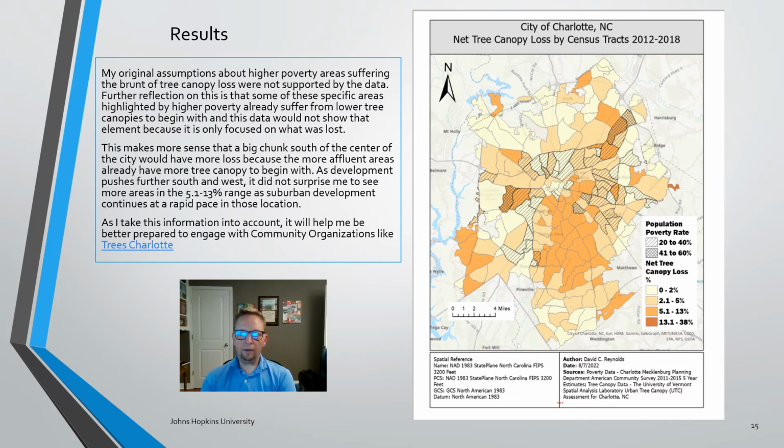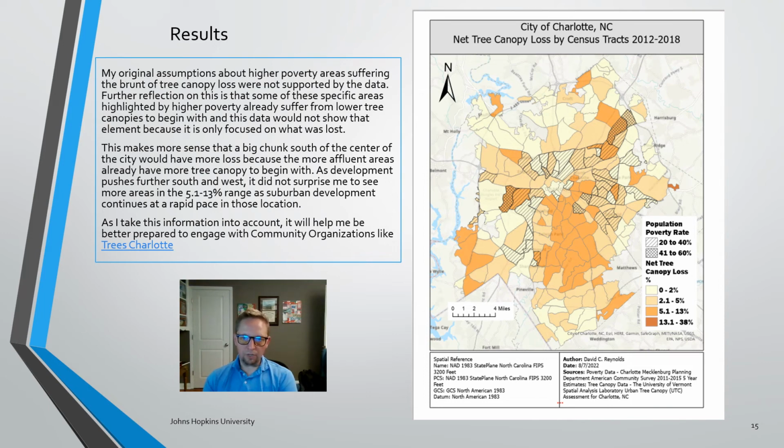So the areas that are in orange, sort of to the south, in the wedge, so to speak, are a more affluent area of the city, and they already have a higher percentage of tree canopy to lose. So this makes sense: although we see these areas in orange that aren't suffering from high rates of poverty, they did suffer from higher canopy losses overall, but they had more to begin with.